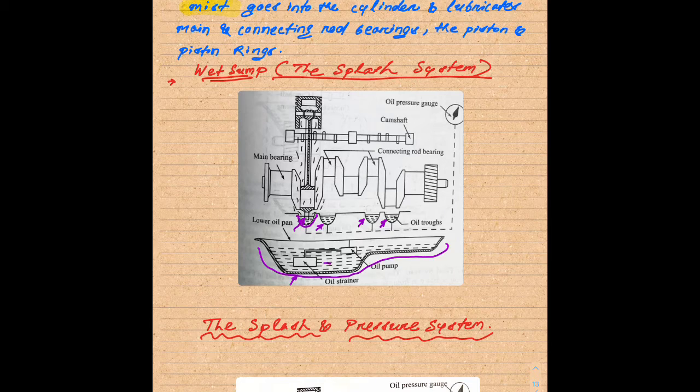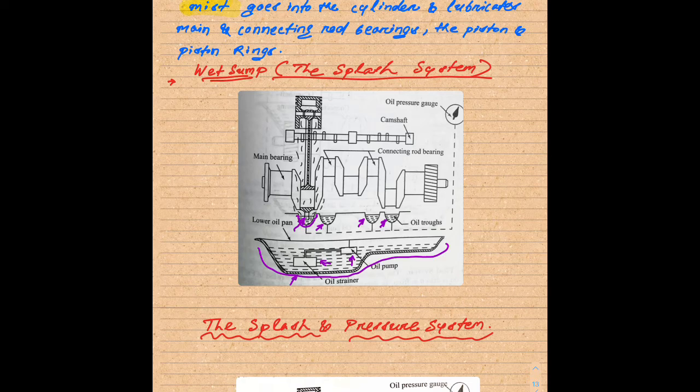This is an oil strainer, that means it will filter coarse, unwanted particles. Then it is an oil pump. This oil pump will deliver oil to these oil troughs.